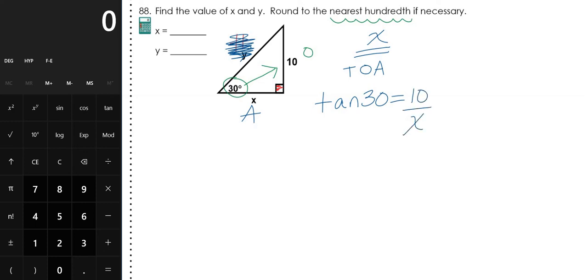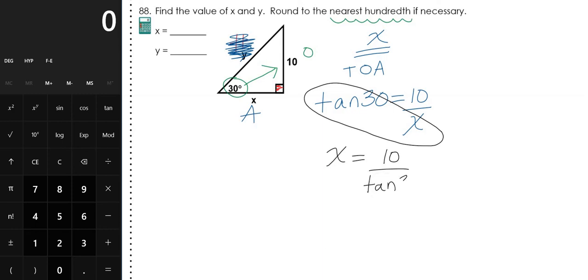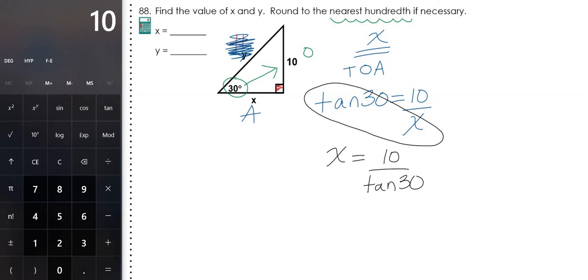Now there's a trick here. Whenever you see that the variable is on the bottom, and we see the X is on the bottom, we're going to have it switch with the trig function. So it's going to be X equals 10 divided by the tangent of 30. So in the calculator, I'm going to click 10 divided by, and make sure you do 30 before you hit tan. So I did the divided by.